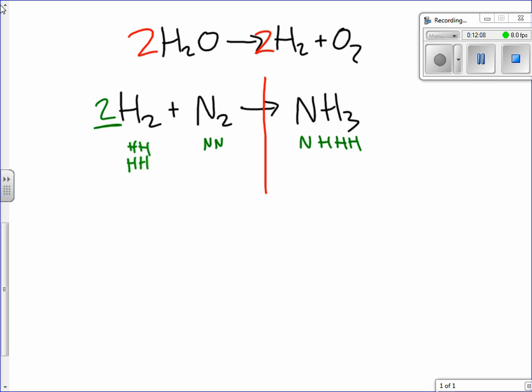So this is where we run into a problem, which brings me to the next point. When you are finding the coefficient to put there, what you're really trying to find is what's called the LCM, the least common multiple, to balance the equation.